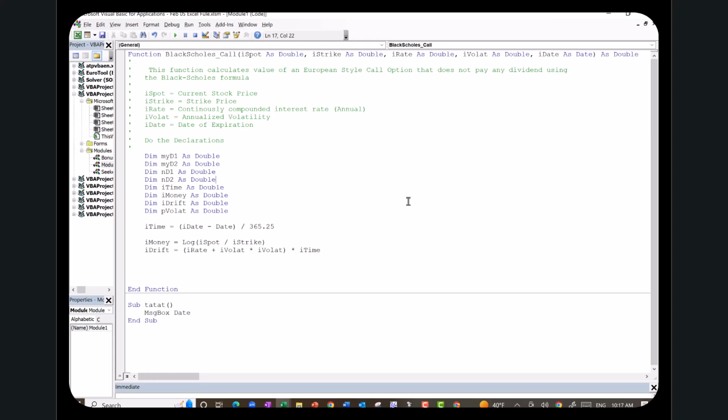Or, no, half of that. Square root of time. So let's get our pVolat as well. I'm going to be slightly over time.